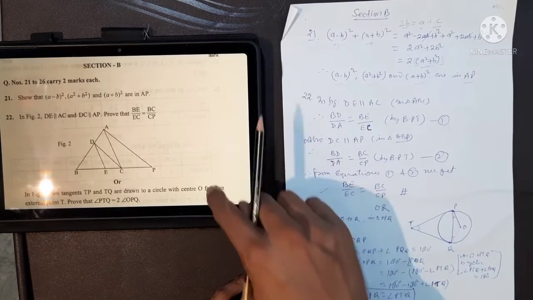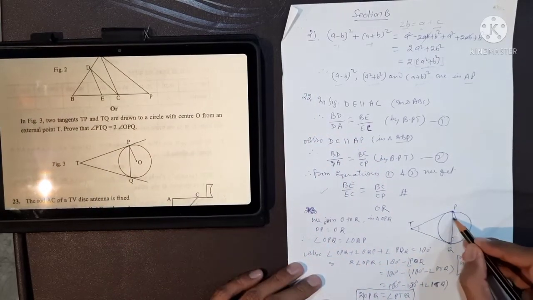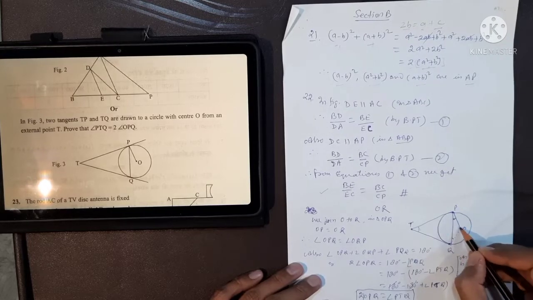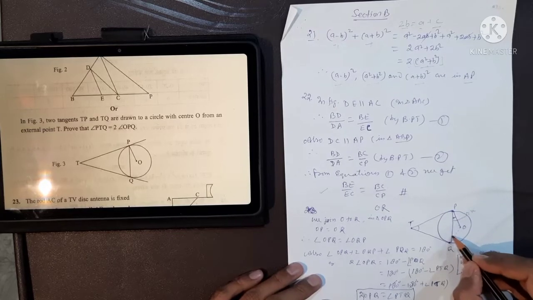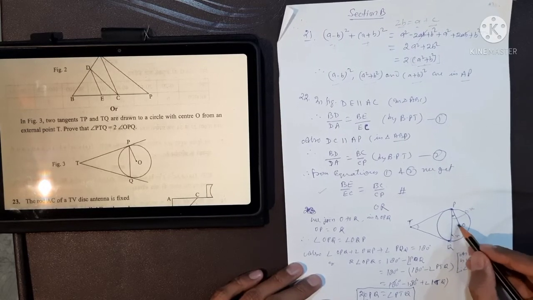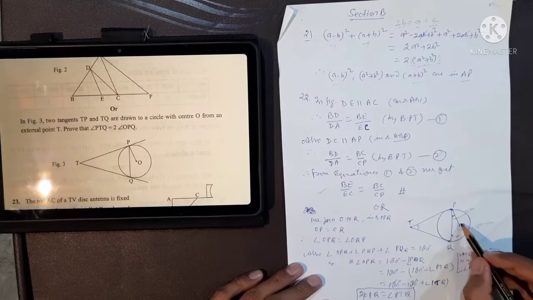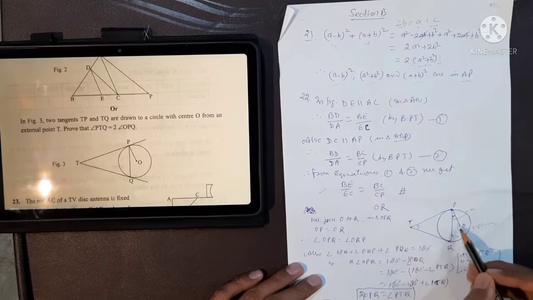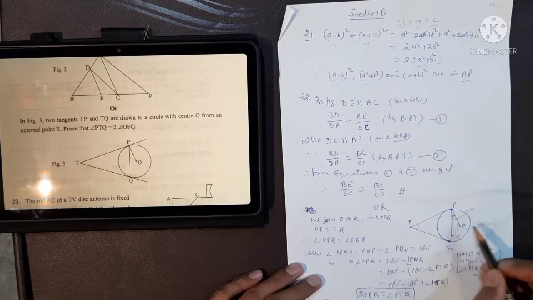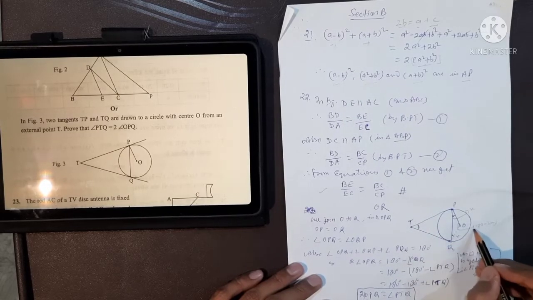Question number 22, second part. We have two tangents drawn to a circle. So we assume this angle OPQ as x. So this angle OQP will also be x, and since these are in a triangle, we get 180 minus 2x as angle POQ, and since PTQO is a cyclic quadrilateral, we have this angle as 180 minus 2x.